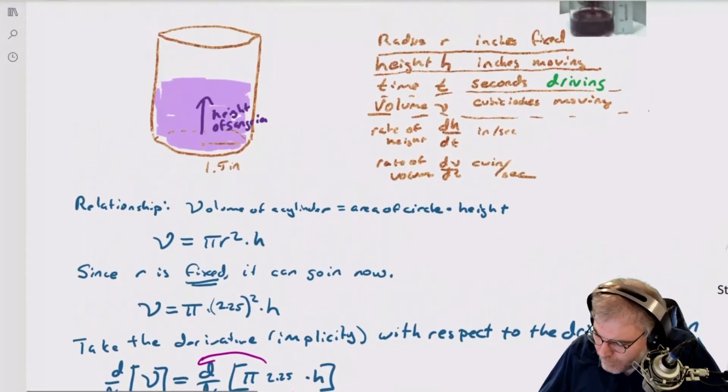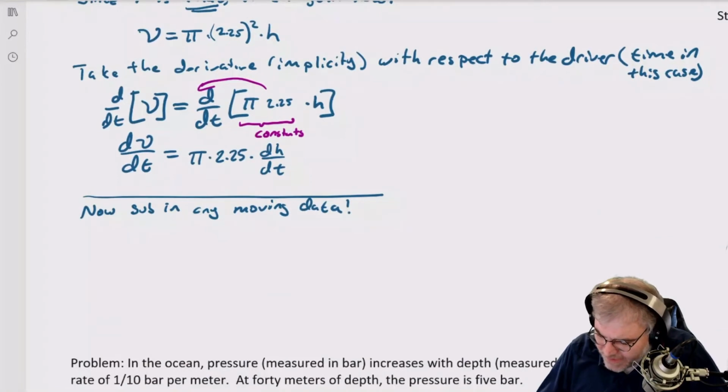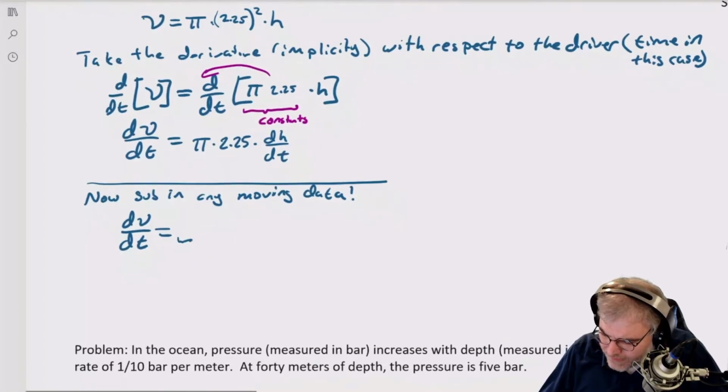Okay. So my moving data was 0.5 per second. So I'm going to get dV over dt equals pi times 2.25. That's a decimal there, by the way. And we'll go ahead and put 3.14 in there.